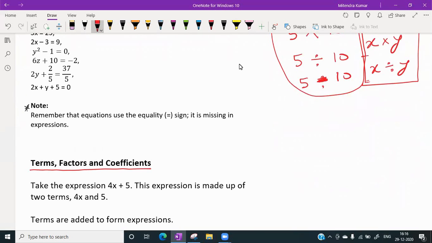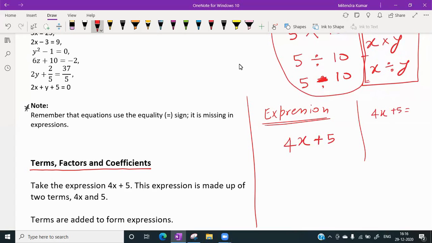So again, let me talk about an expression or maybe equation. So let me take an expression. If I write an expression like this, what is this? This is an expression. If I put an equality sign, then it will become an equation. But till now it is an expression.